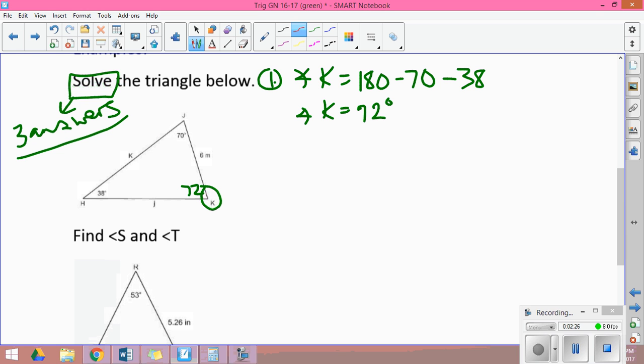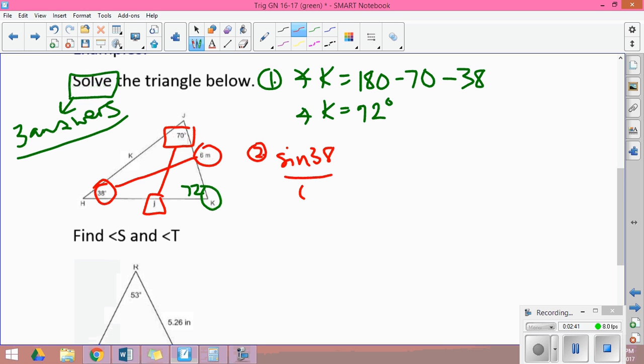So what I can do is I know H and its side opposite. And so the first thing I can set up is, I could do this. I could say the sine of 38 over its side 6 is equal to the sine of 70 over its side.